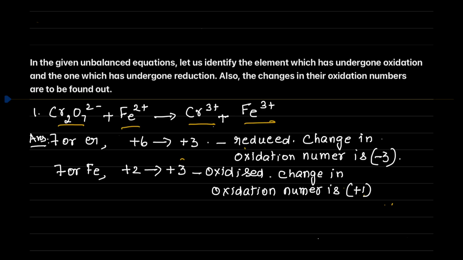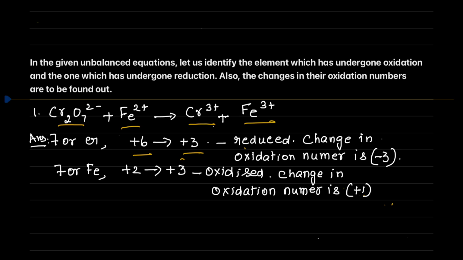For chromium in dichromate ion, just now we have calculated the oxidation number. It is plus 6. And in Cr3 on the product side, it is plus 3. Therefore, for chromium, oxidation number decreases from plus 6 to plus 3.